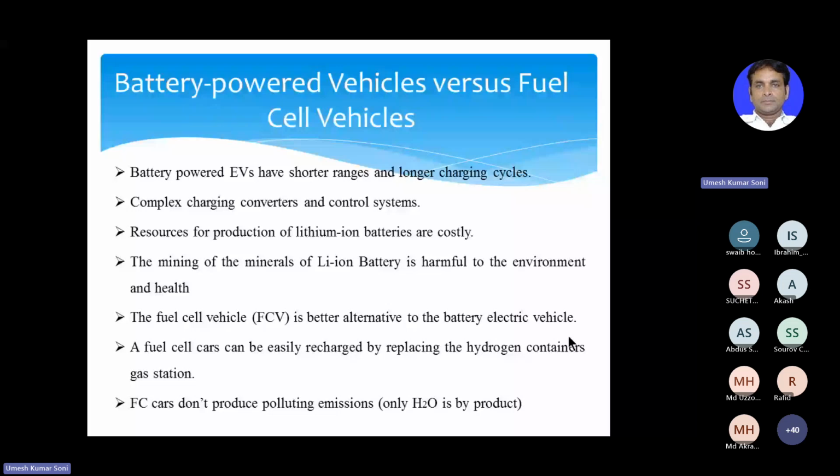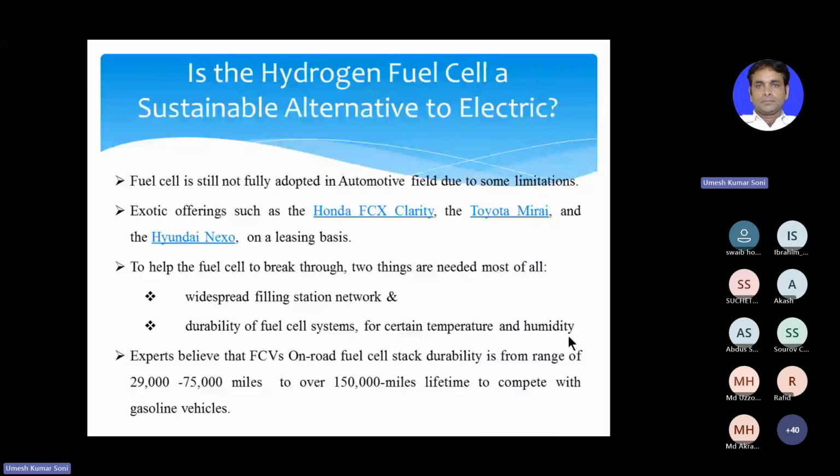Fuel cell cars don't produce pollution like internal combustion engines, and so overall we can see that fuel cell cars have better capability and properties than battery powered electric vehicles. Also we can use a hybrid system involving the fuel cell and battery together.